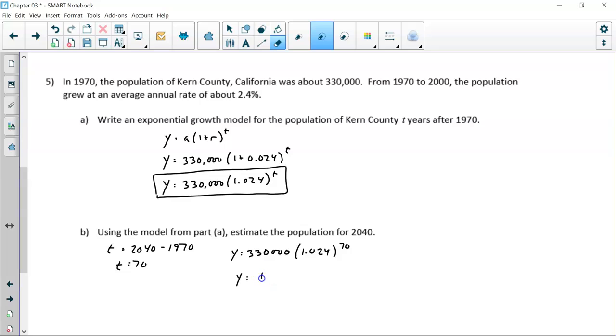So you're going to get 1735844.848. So y equals, we're going to cut that off, we're going to round. So we're going to get 1,735,844 people. That's how much the population increased.